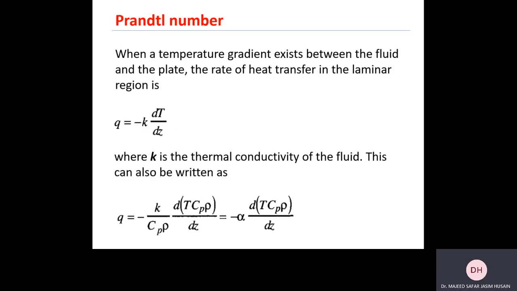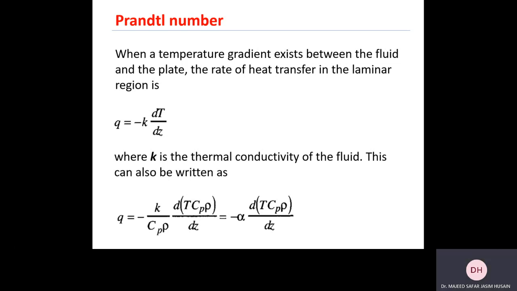There is another number called the Prandtl number. The Prandtl number is related to heat transfer. So when a temperature gradient exists between the fluid and the flat plate that we have spoken about, the rate of heat transfer in the laminar region, Q, is proportional to the change in temperature.